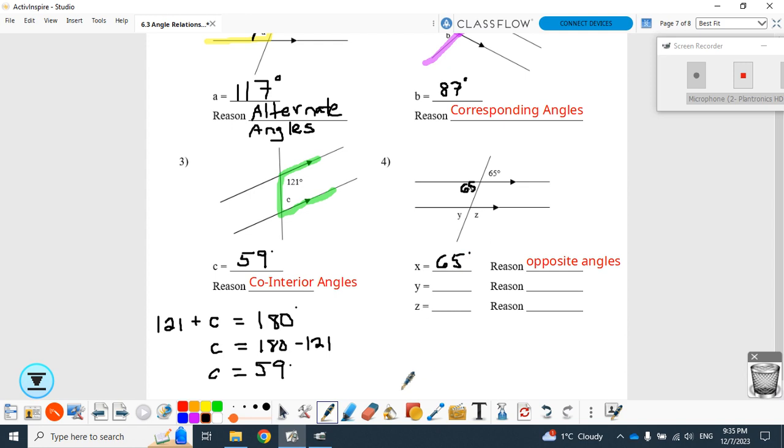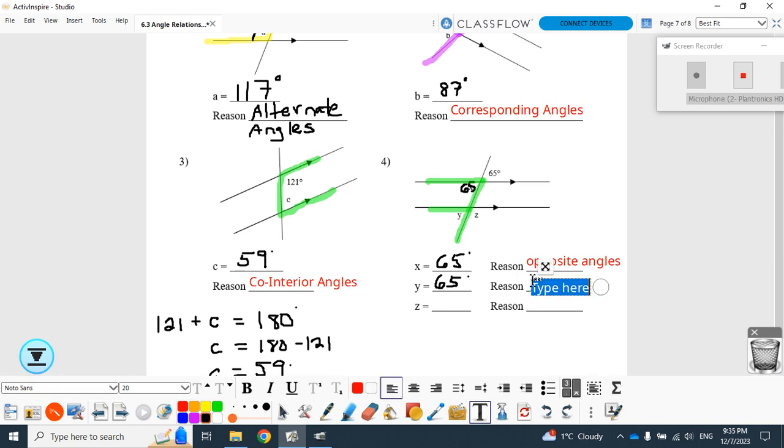Alrighty. Now, is there another way to get Y? Oh, I see this. Look at this. Parallel lines. We got this backwards F. You see that? So Y must also be 65 degrees. And the reason for that is corresponding angles. It doesn't even fit on my page here.